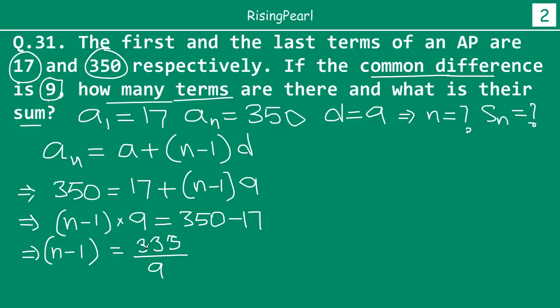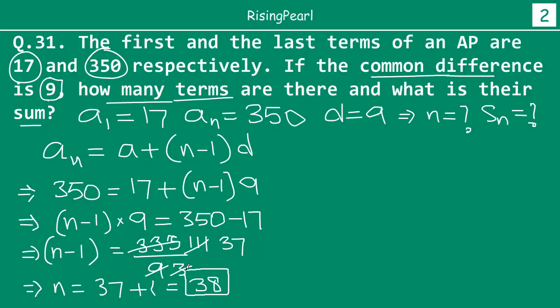Can this be directly divided by 9? It divides by 3, giving 111 and 3, and then 3 3s are 9, and we get 37. Great. Then n will be equal to 37 plus 1, since the minus 1 goes to the other side and becomes plus 1. So 38. We have found the first part: there are 38 terms in our arithmetic progression.